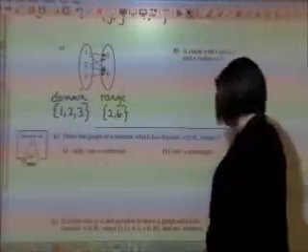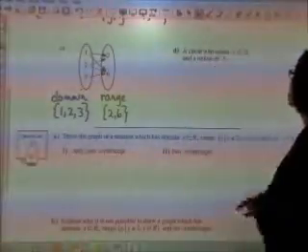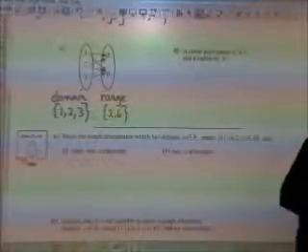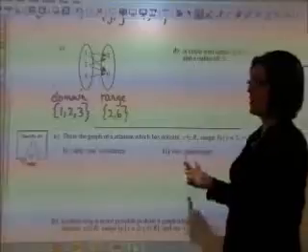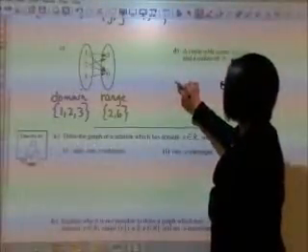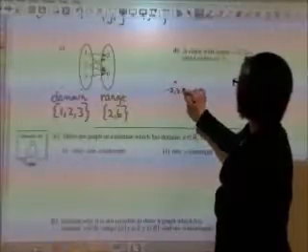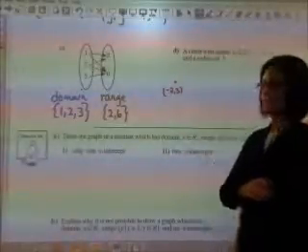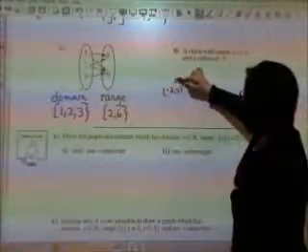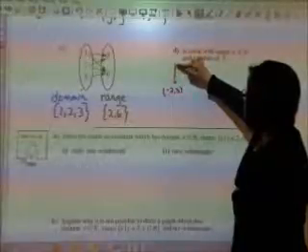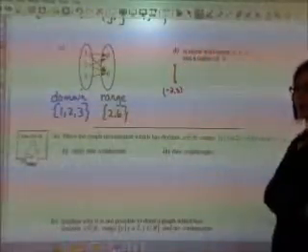And the last one. A circle with a center at (-2, 3) and that has a radius of 3. So if I imagine this, there's my center, (-2, 3). The highest point that it's going to reach is when I go up 3 units.